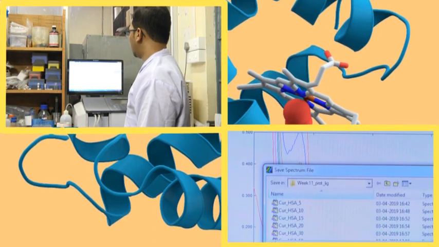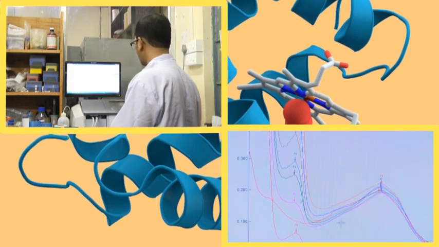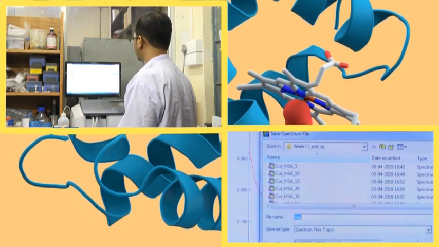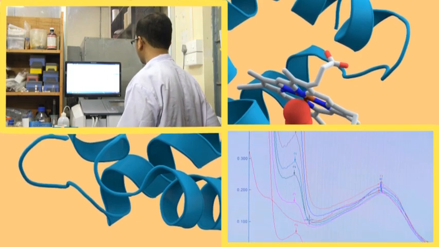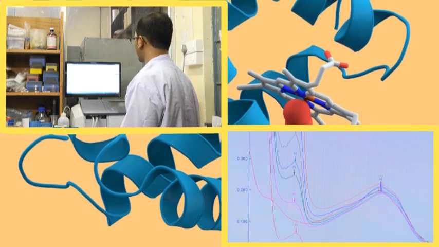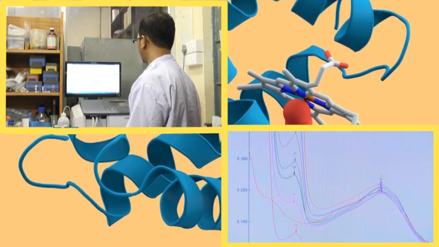So, I am saving this one again as HFA. Let us change this name, not HFA, only HFA underscore 5. Okay. Saving it again as text file HFA underscore 5.